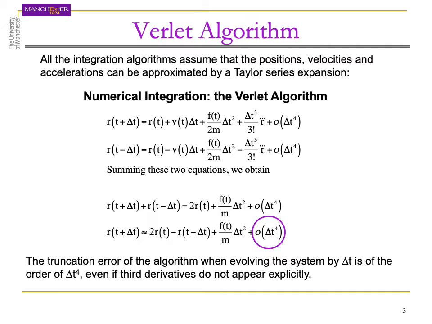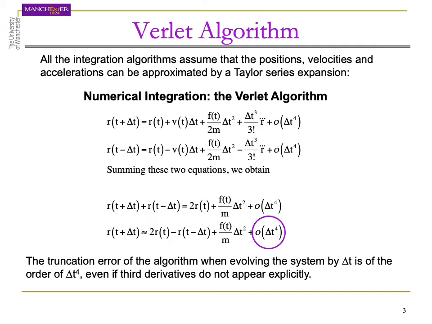The most used numerical integrating algorithm in molecular dynamics is called the Verlet algorithm, from the guy that invented it in the 70s. Basically, you are assuming that the position, velocities, and acceleration can be approximated by a Taylor series expansion.